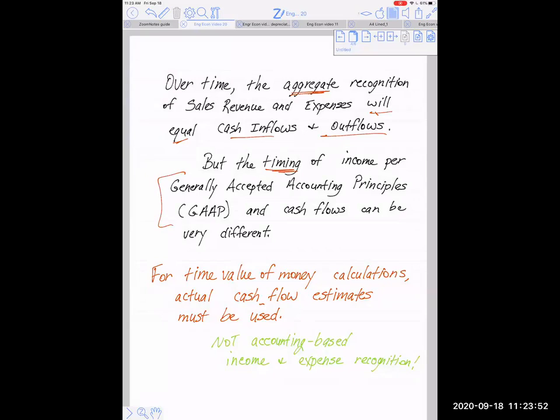The recognition of the expense may not be exactly when the cash actually leaves the company. So again, for time value of money calculations, we must use cash flow estimates rather than GAAP timing. So we're not using the accrual-based income and expense recognition in our engineering economics calculations for net present value and internal rate of return and all the metrics that we've learned.